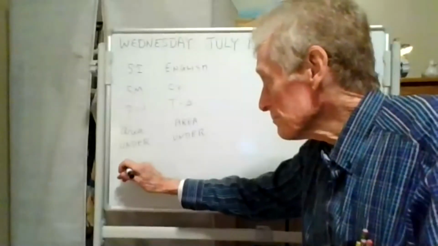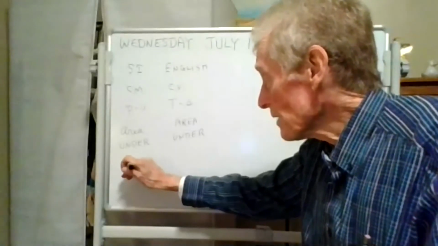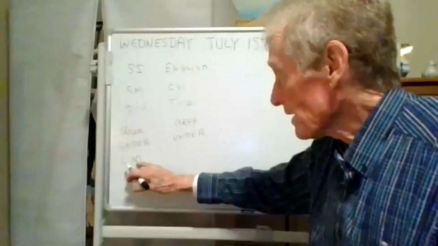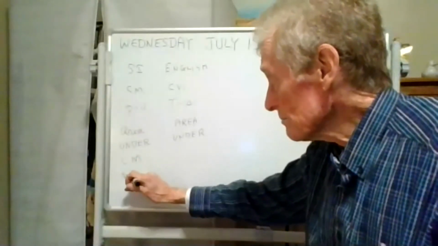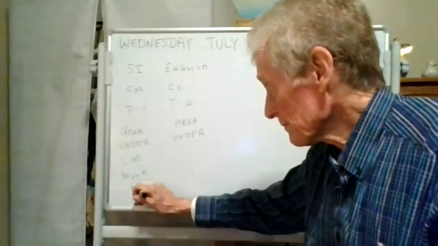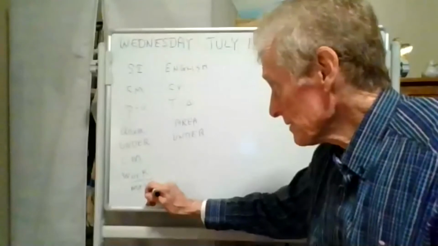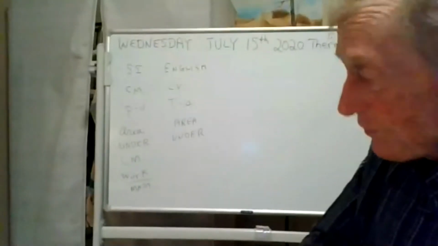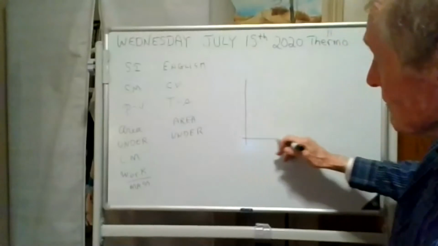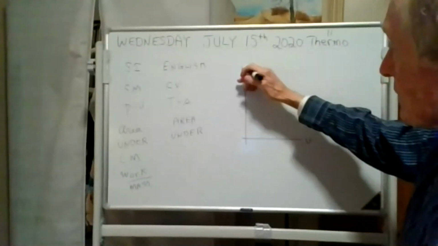If you have a control mass, the area under a PV diagram is the work, or the work per mass. But if you have a control volume, let me show you that.